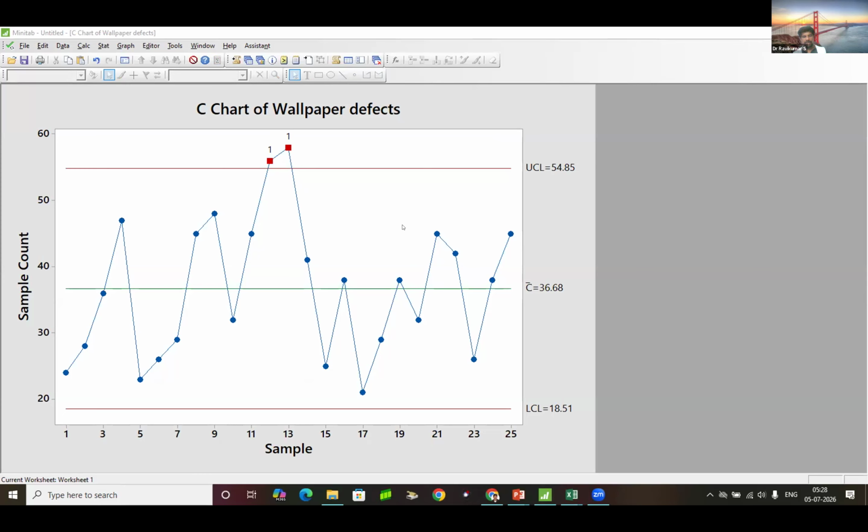The samples you are choosing every time are different. It is not going to be the same. That is why you have a zigzag control line, a zigzag upper control line. Got it? If the samples collected are constant, we will have a constant upper and lower control line. If the samples you are inspecting vary every time, then you will have a varying boundary. That is what it means.